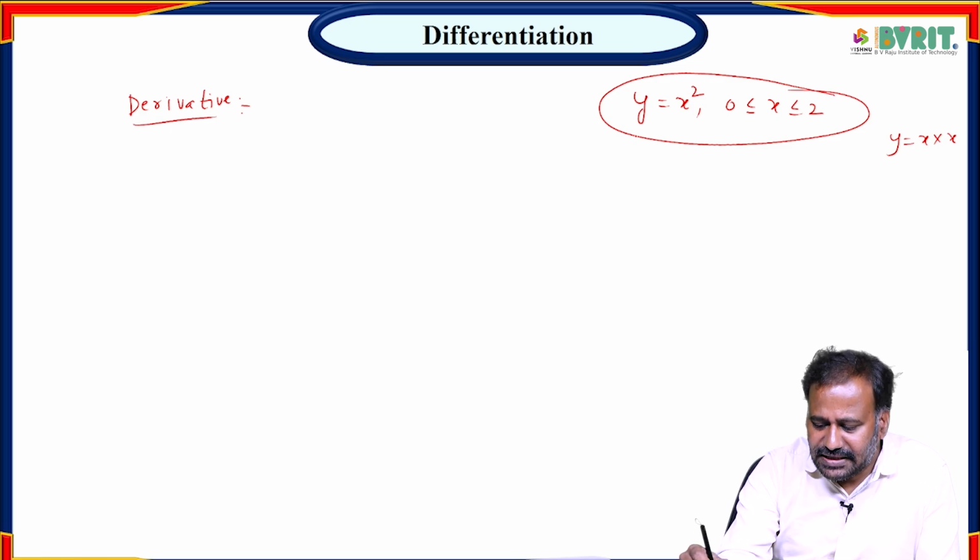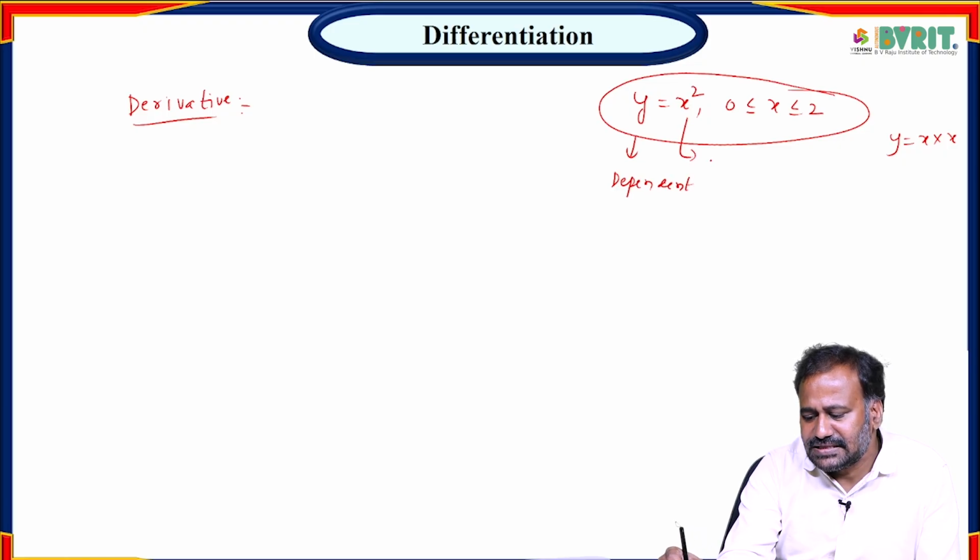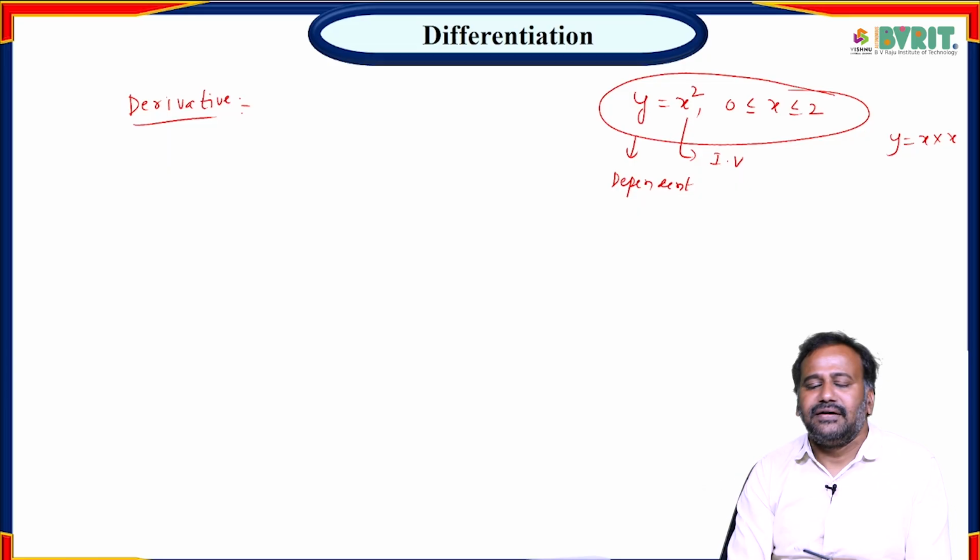That's why I can say that y is a dependent variable and x is an independent variable. y is dependent and x is independent.